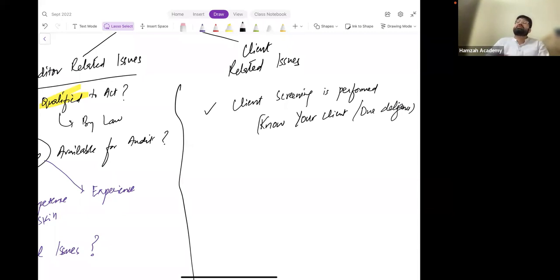We need to know who the management is, who the owners are, what the sources of business funds are, what the types of business are, what the purpose of business is. Client screening is performed. What is the repute of the management of the company?